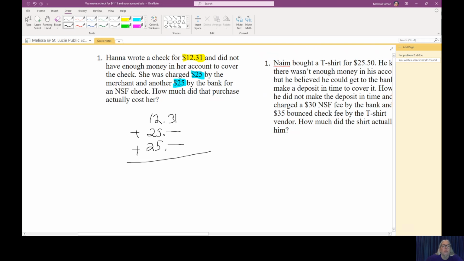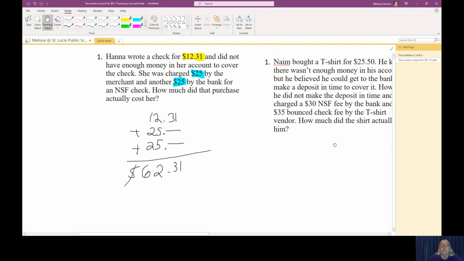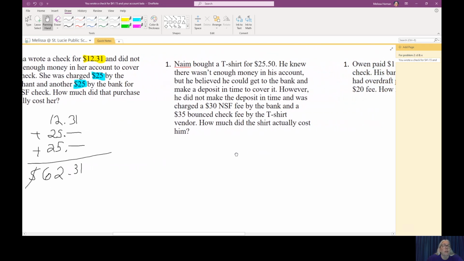So for her $12.31 purchase, Hannah will pay $62.31. That's like paying for that purchase almost 5 times. Ay, ay, ay. So pause now and write that down.